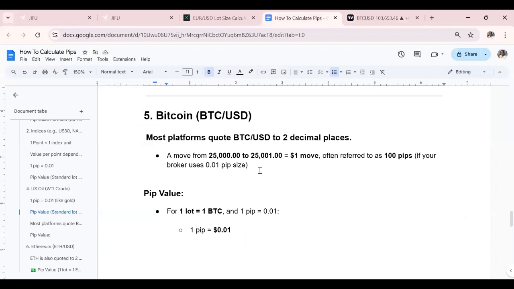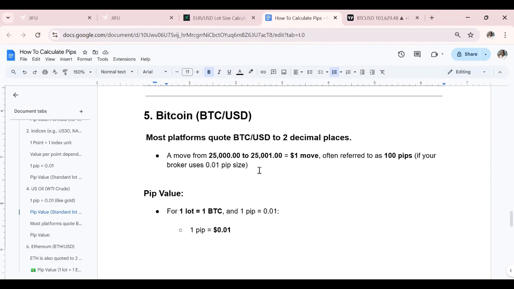So now, on some platforms you cannot trade BTC at 0.01; the minimum is 0.1. 0.1 is equivalent to 0.01 on other platforms. So it's important to know that.